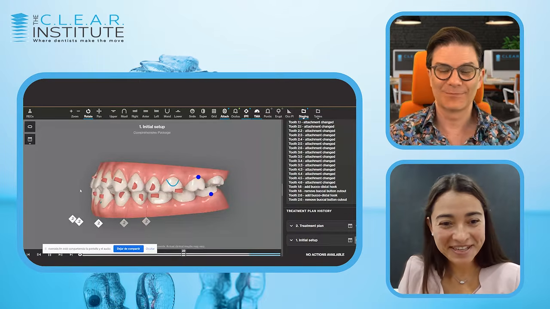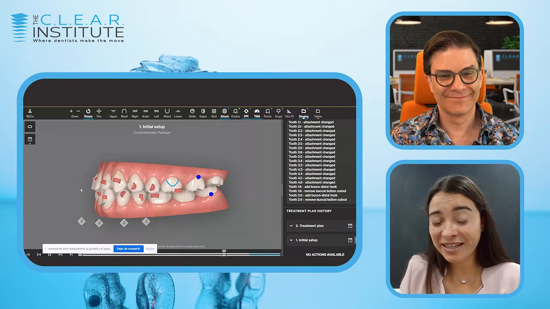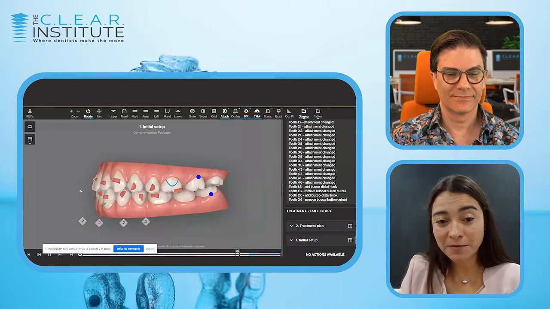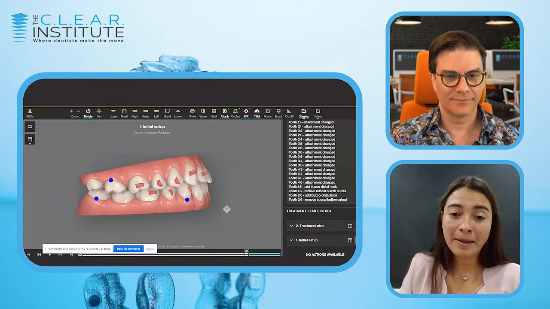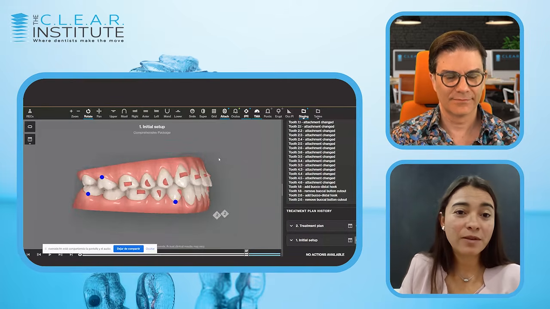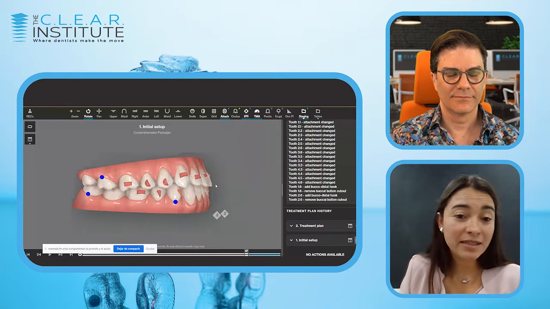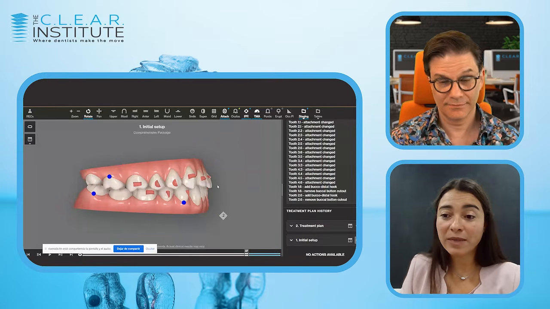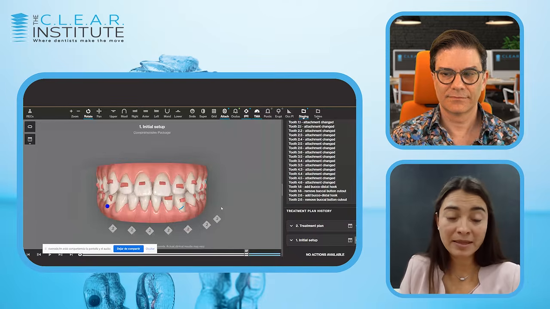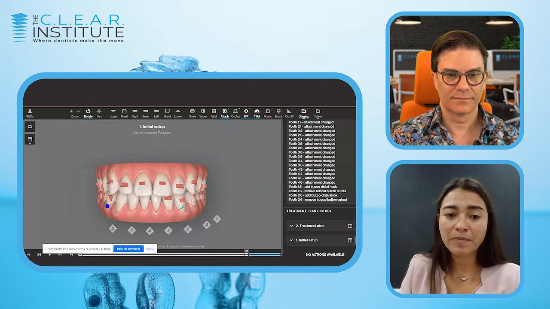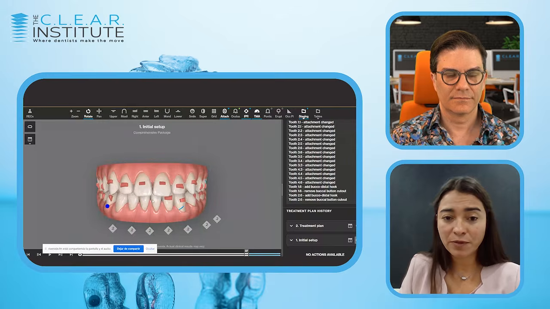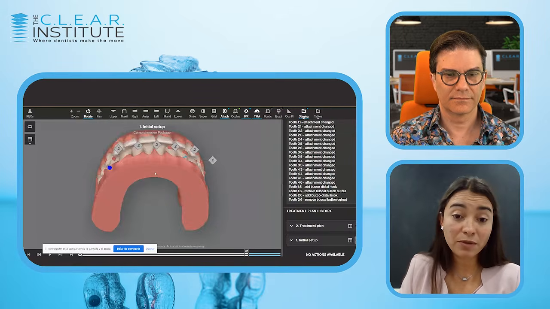Yes, yes. We also see a strange component of intermaxillary elastics on only one side of the arch. Of course, this is the initial ClinCheck, and remember, this is what we like to call a setup. This is not a treatment plan. It hasn't been evaluated properly by a clinician with orthodontic knowledge.